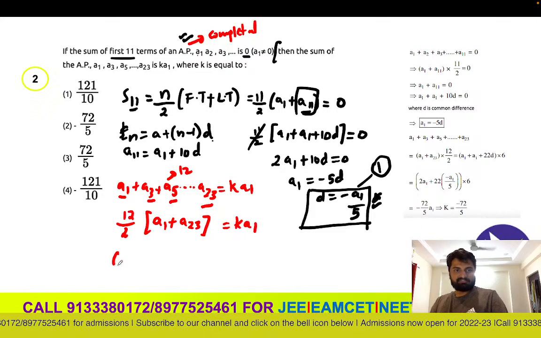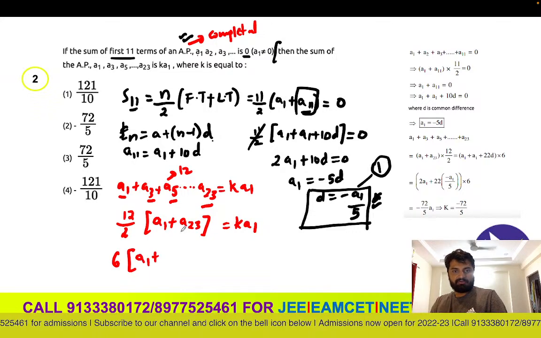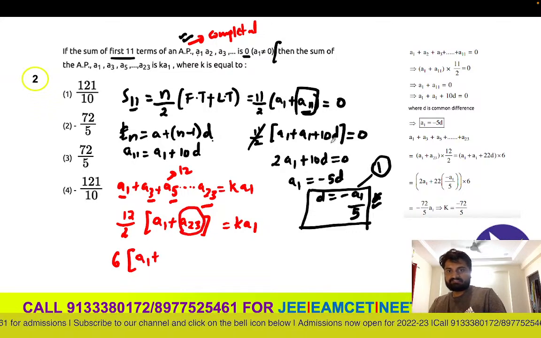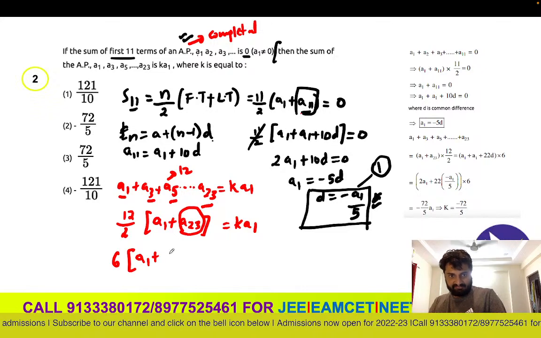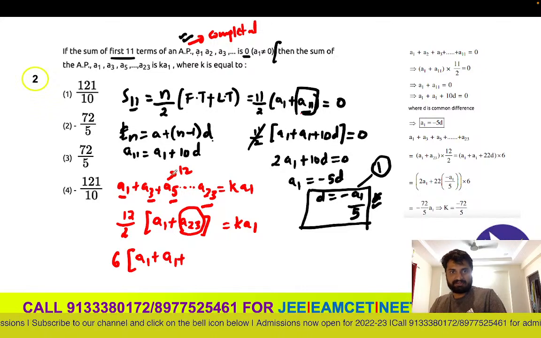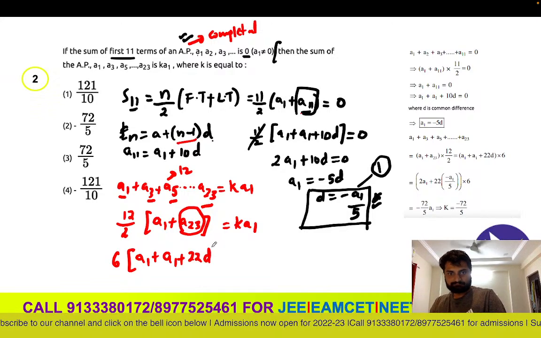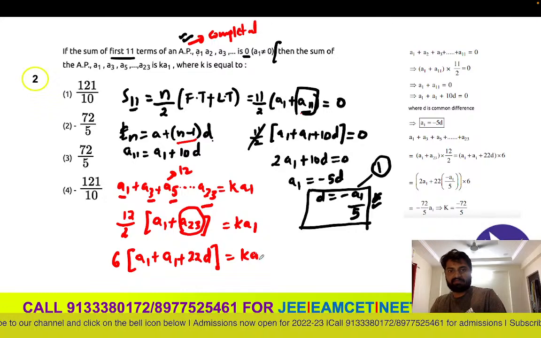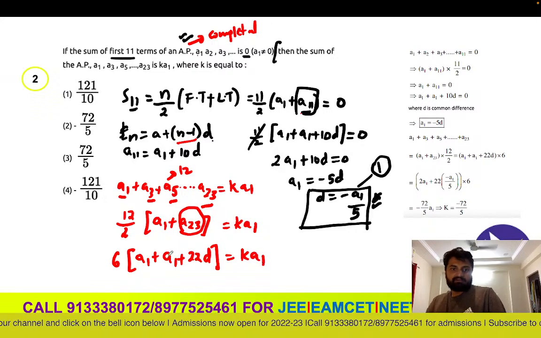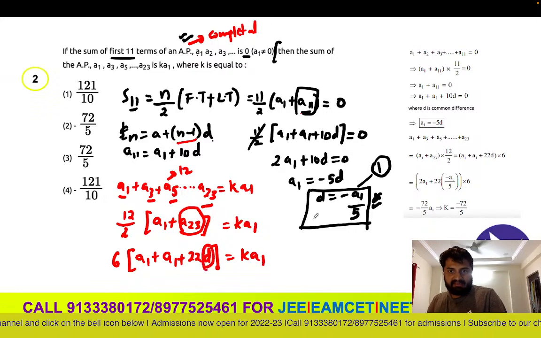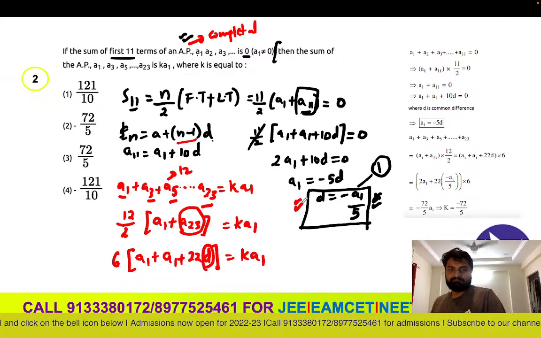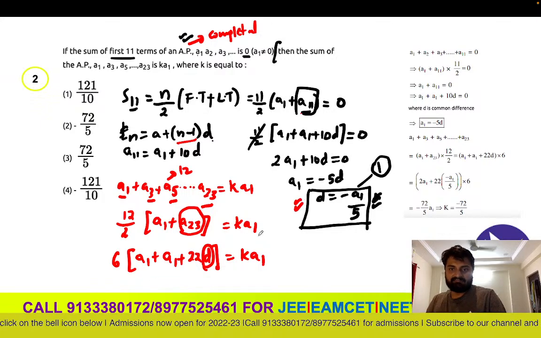Now 12 by 2 is 6. 6 times A1 we know. How do you write A23? Just like we wrote A11. This is A1 plus 23 minus 1, which is 22D. That is equal to K A1, that's it. Now D value we already know, so I am substituting the D value.